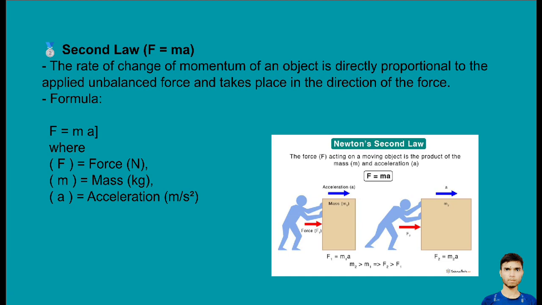Now it is nature, we can say. The rate of change of momentum of an object is directly proportional to the applied unbalanced force, and takes place in the direction of the force. Always remember, if the mass of an object is less, then of course we apply less force.